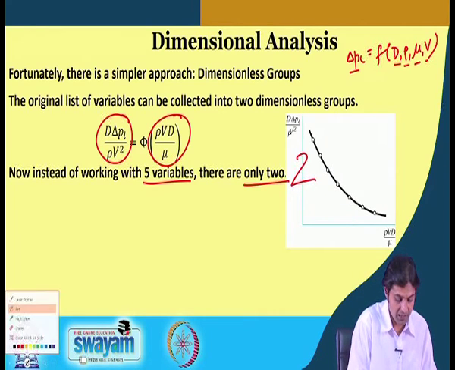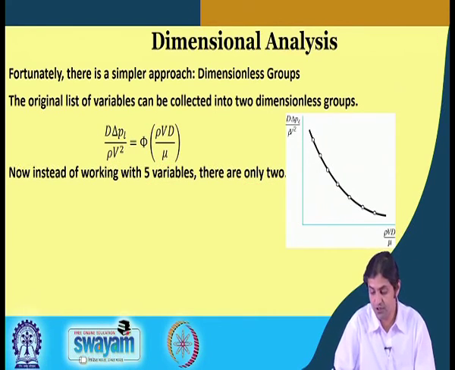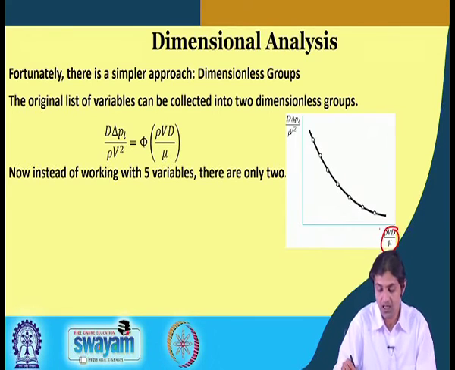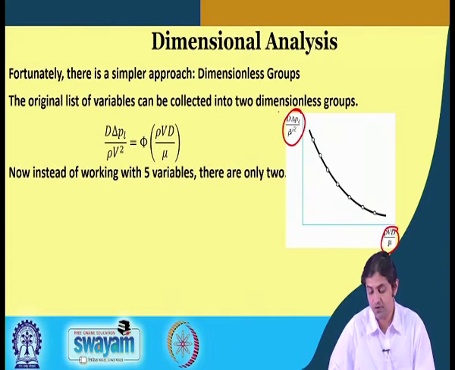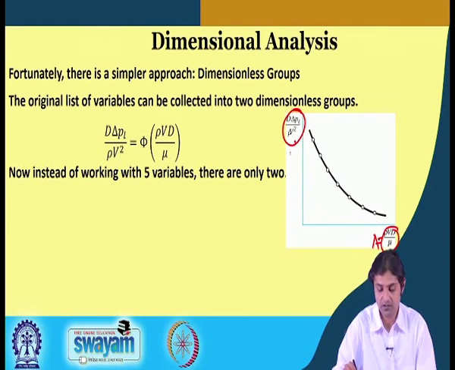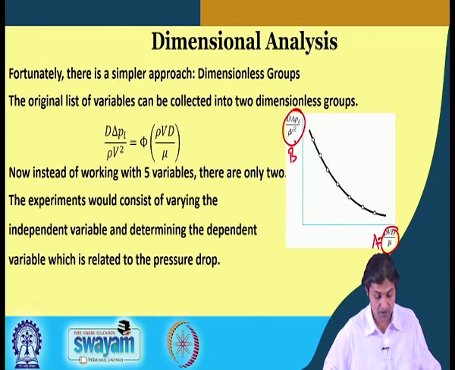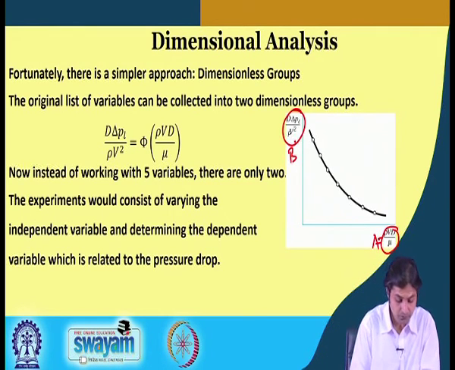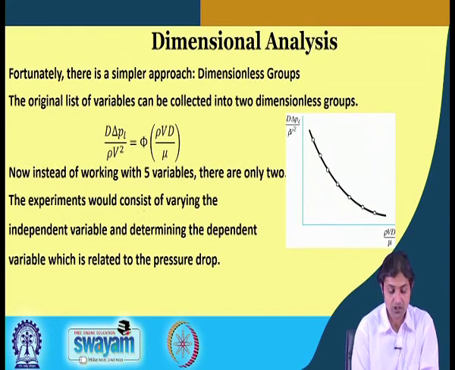Okay. And if we plot the curve between rho V d by mu and d delta PL by rho v square, a graph something like this will come, and there are only two variables, this and this. If we call this A and this B, it is two variables, A and B. Now, if we try to do experiments, the experiments would consist of varying the independent variable.